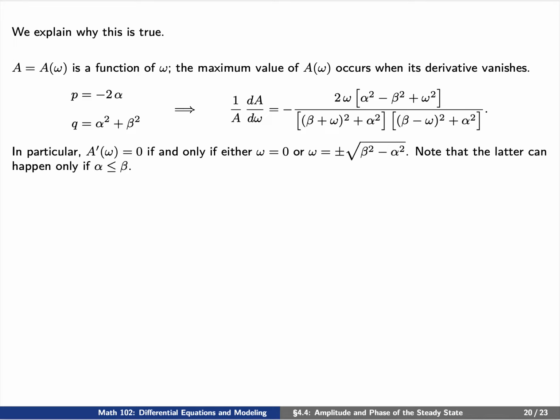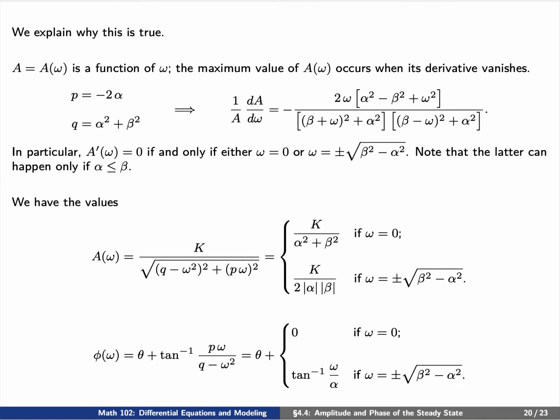In particular, if we set this equal to 0, then we find either omega is equal to 0 or omega is equal to the square root of beta squared minus alpha squared. Notice that the latter can only occur if alpha is less than or equal to beta. If alpha is greater than beta, then we're taking the square root of a negative quantity, and in that case, the frequency omega doesn't make any physical sense.